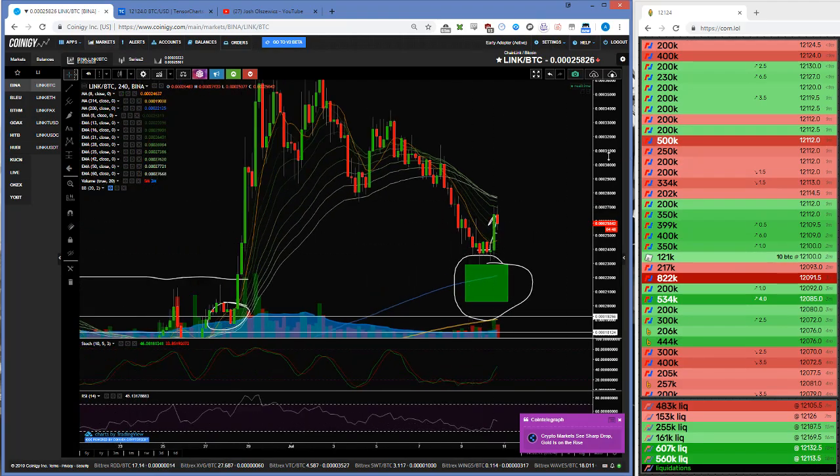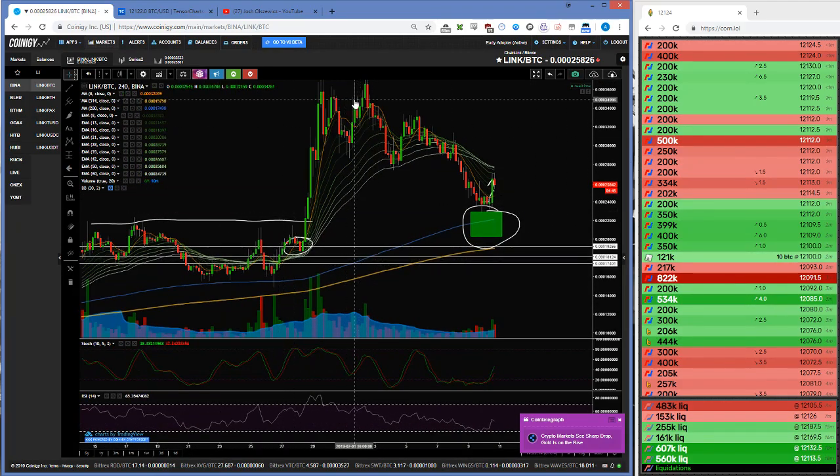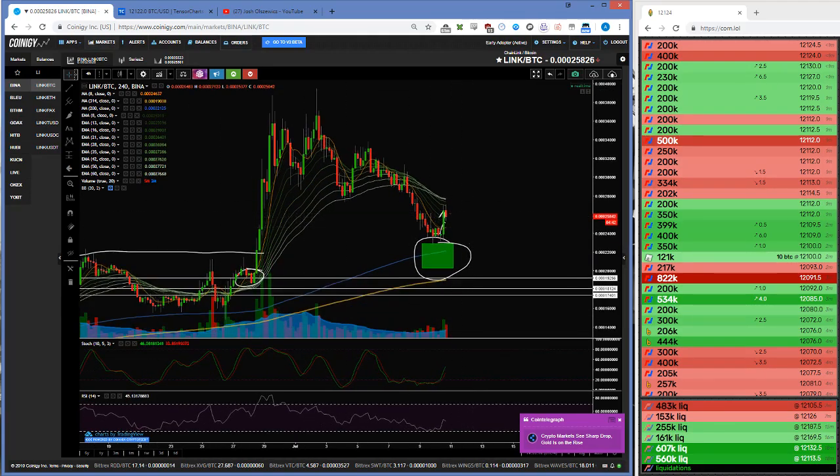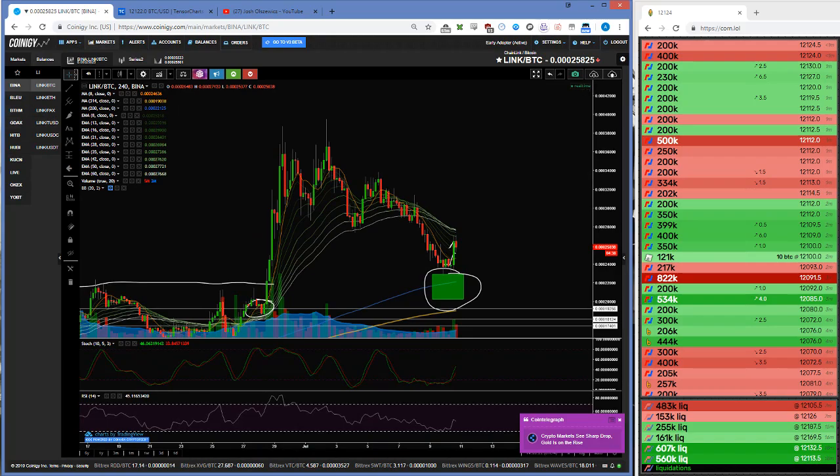So yes, Link's bullish, but it's gone parabolic, corrected, but it can go up again. Other than that, most alts look completely messed up.